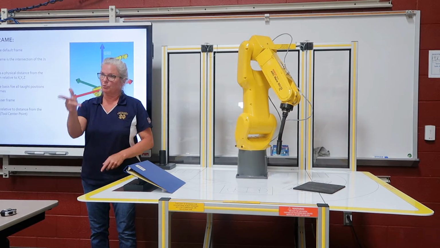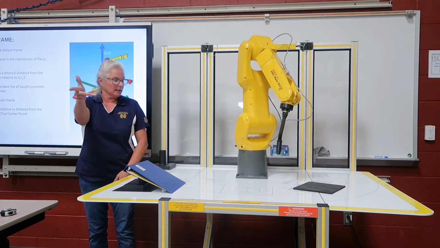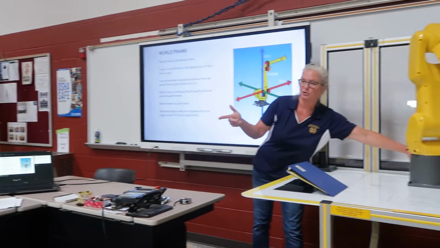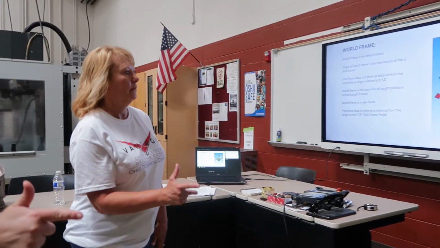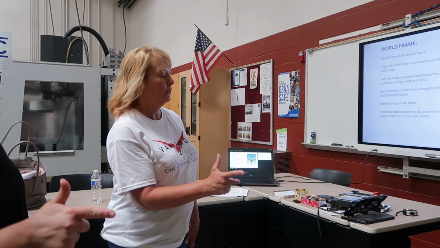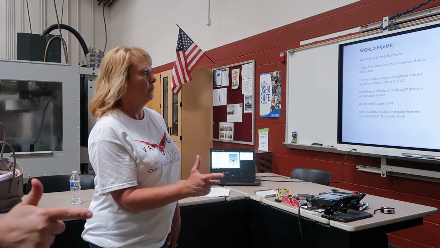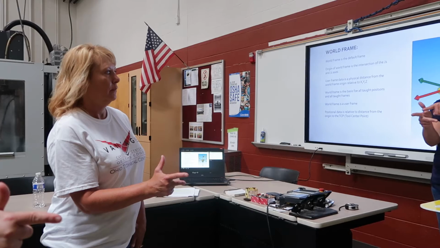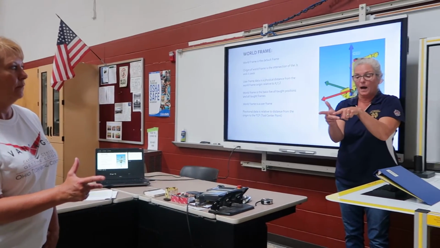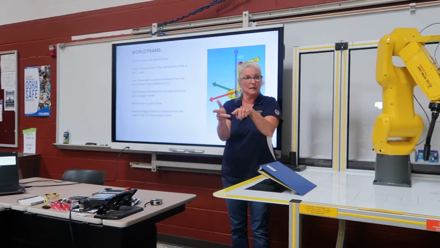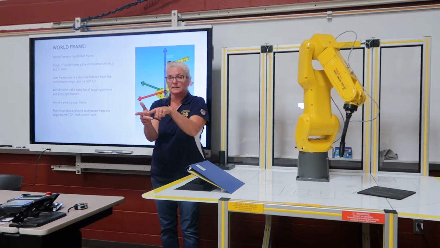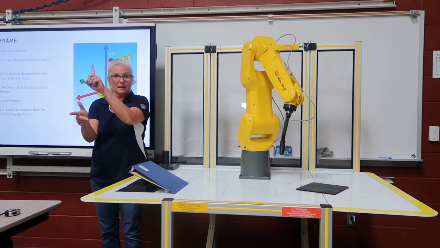You stand behind our robot, make your three fingers like this, and the back of the robot is generally where the cables come in. So when I'm standing like this, X positive in world is going to be this direction, Y positive in world is going to be this direction, and Z positive in world is going to be this direction.